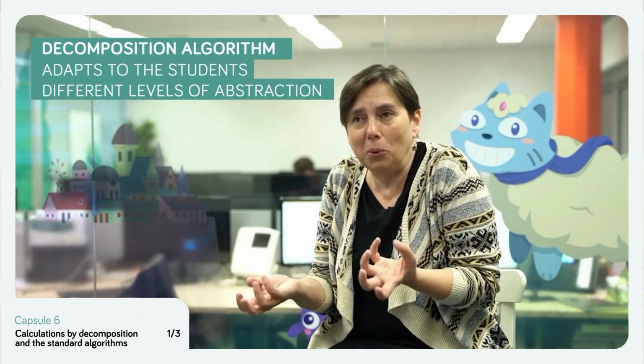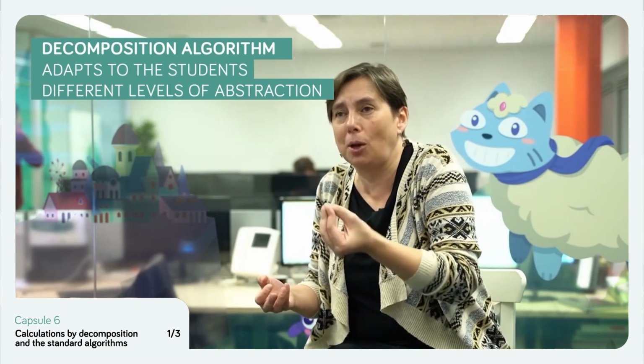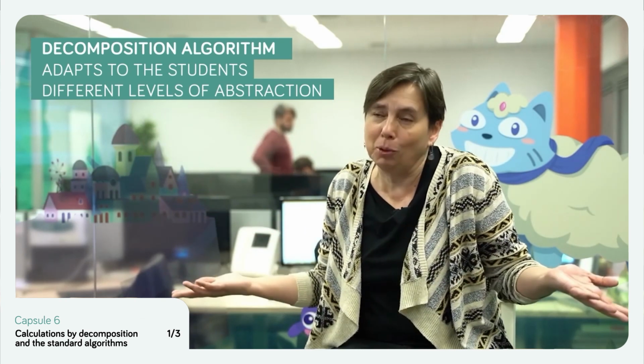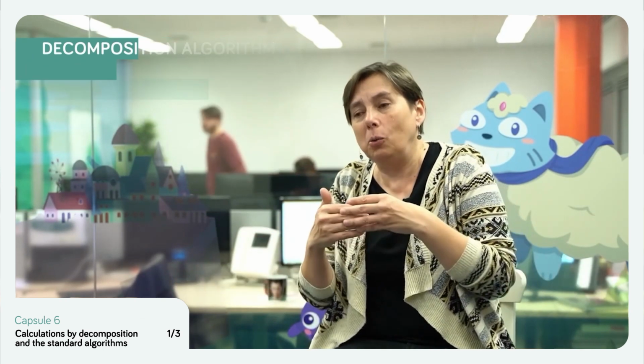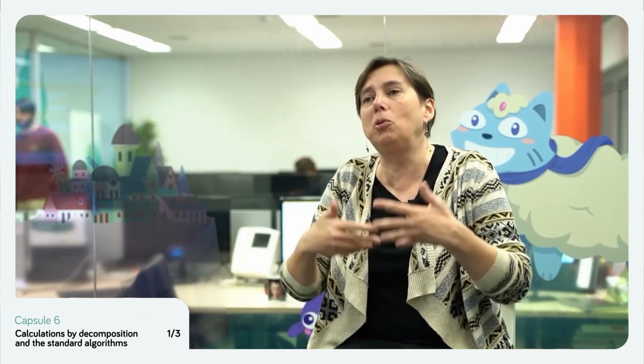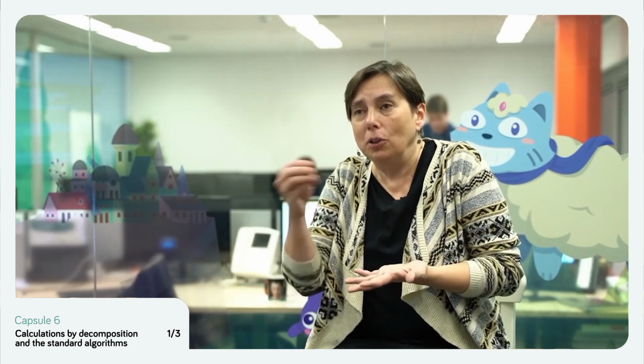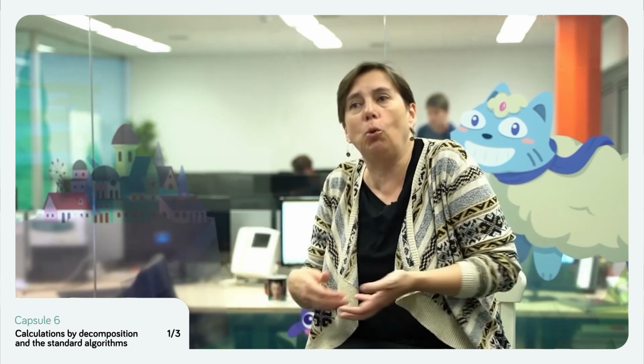We must bear in mind that at the time traditional algorithms were developed, paper and ink were scarce goods, but this is not our case. Here, our fundamental objective is that the student understands what they do and that they arrive at the correct result. If you need to make a little green box where you place intermediate results and then arrive at the result, there is no problem.